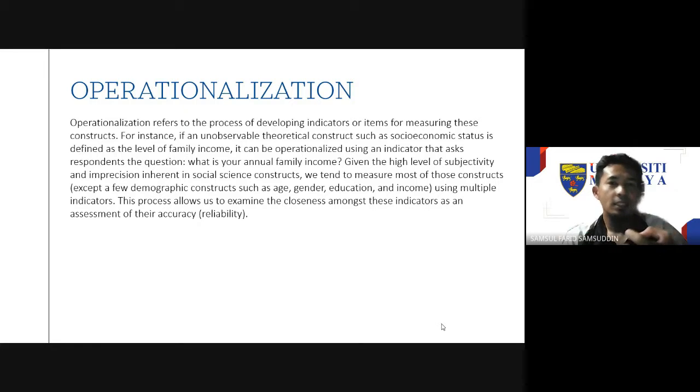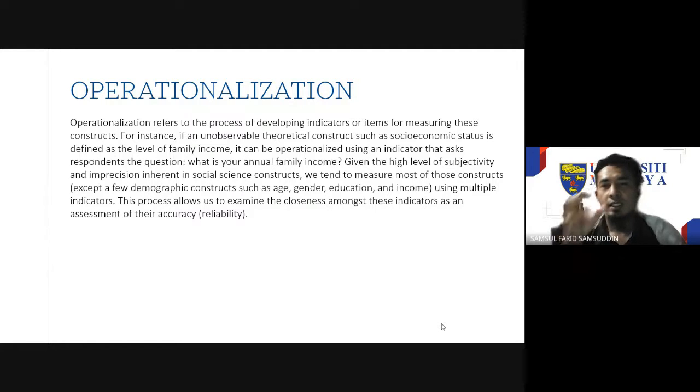For instance, an unobservable theoretical construct such as socio-economic status. So socio-economic status is a variable, one variable in research, always used in social science studies. So this socio-economic status is defined as the level of family income.